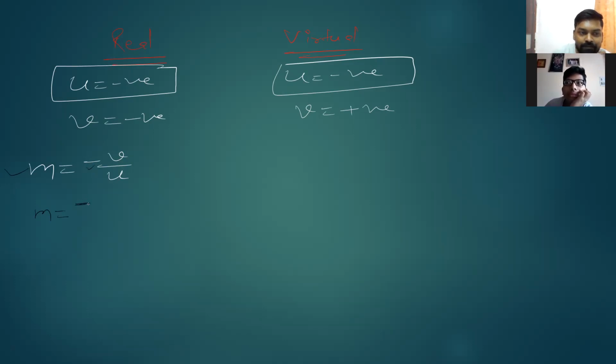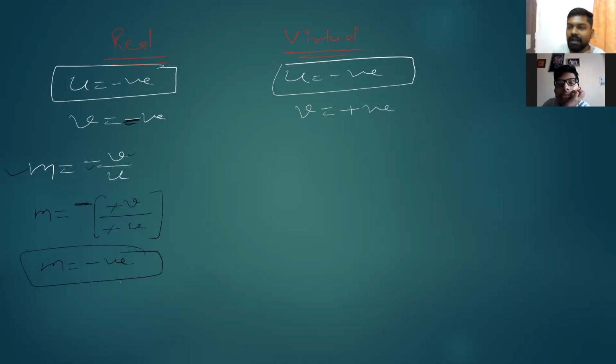Now what about v? v is negative for real image, and u is always negative. So both negative signs cancel out, but this negative sign will remain the same. So m will be negative, because this negative sign will not be removed. Is it okay or not?